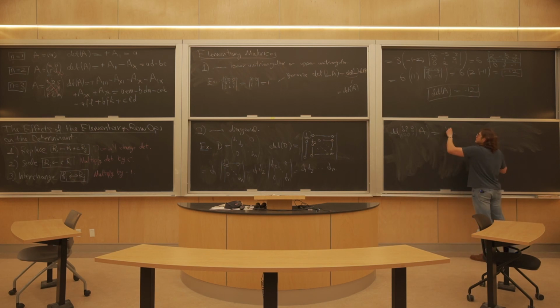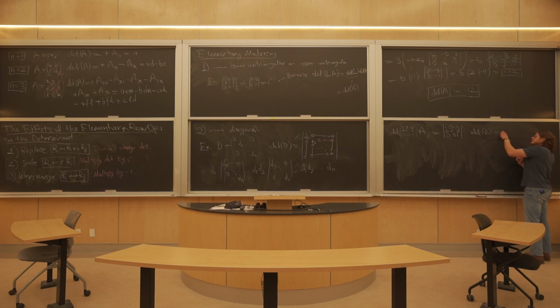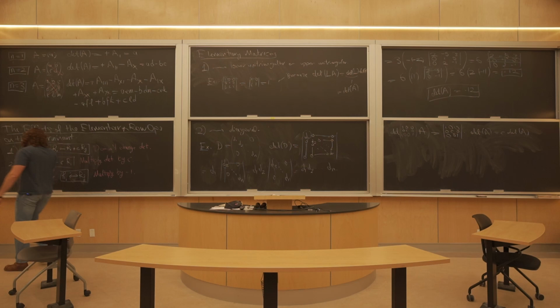I can write it like so: 1, 0, 0, 0, C, 0, 0, 0, 1 times the determinant of A. But based on this calculation over here, this determinant is nothing but C. Okay? And so that is why the second type of elementary row operation affects the determinant by multiplying it by whatever number you're scaling with.